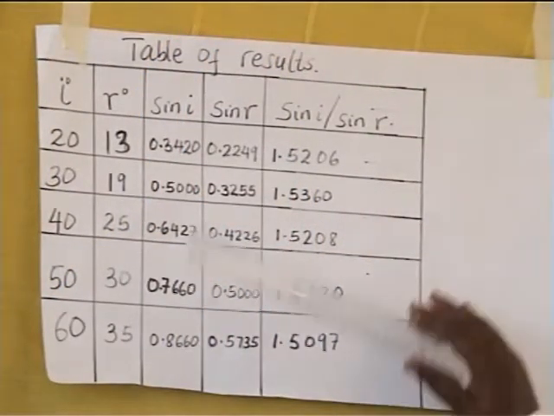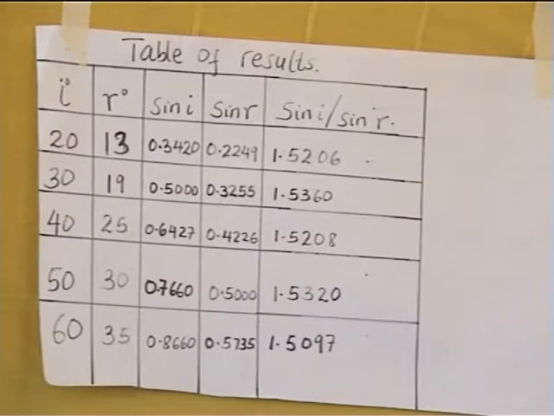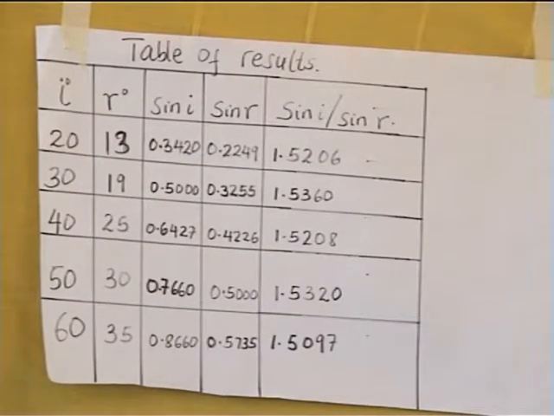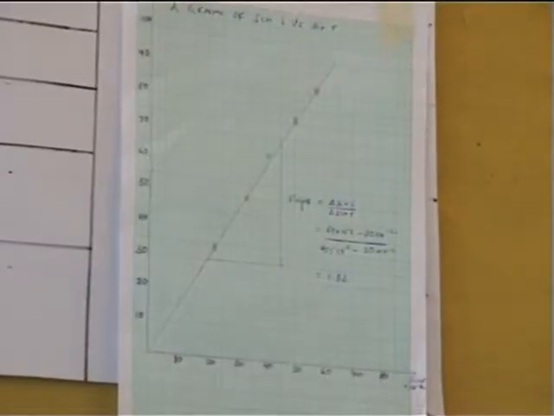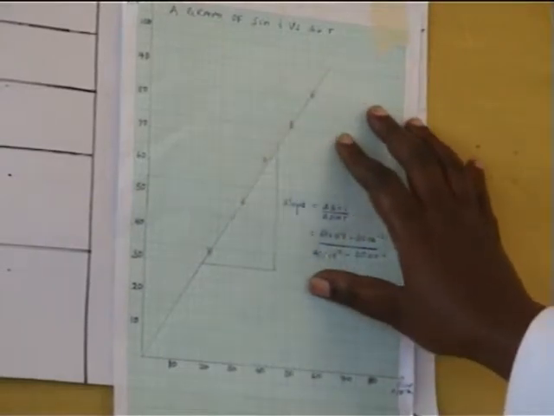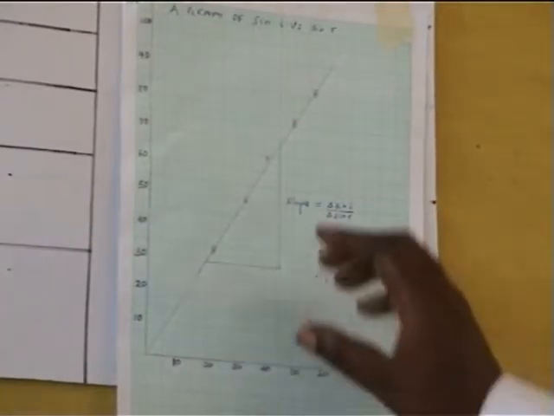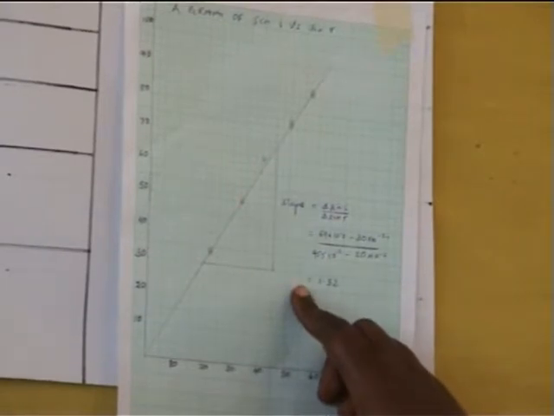Repeat the steps 6 up to 11 for angle I equal to 30, 40, 50, and 60, and tabulate the data including the sine of I, sine R, and sine I over sine R. Using the obtained data, draw a graph of sine I against sine R. Here is the graph of sine I against sine R, and from there, find the slope of the graph.